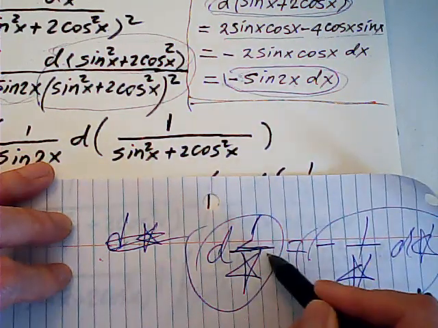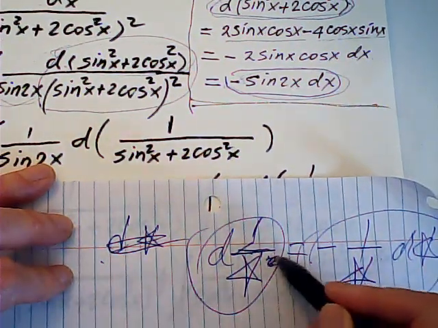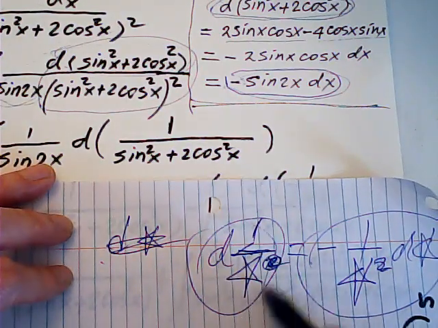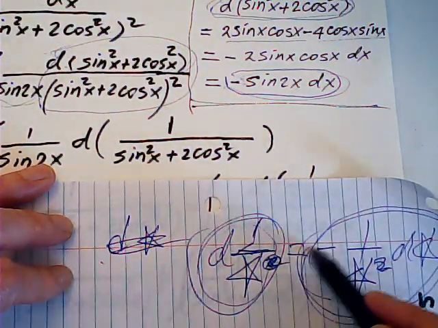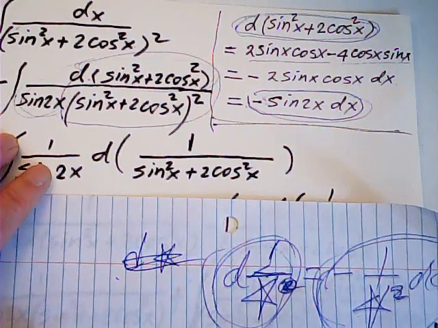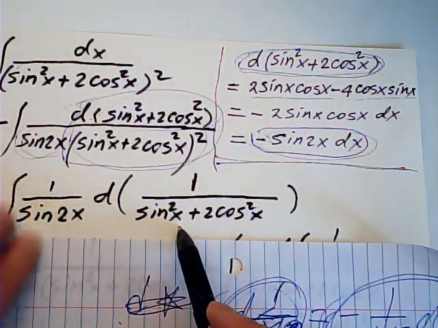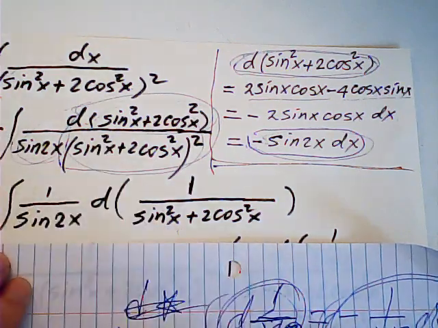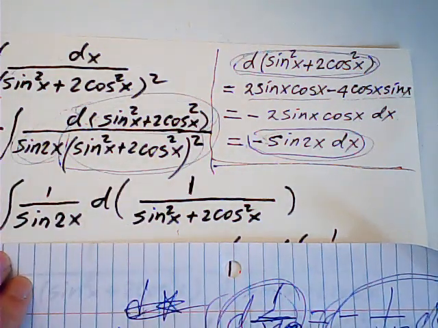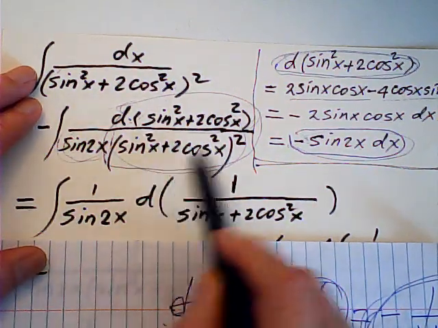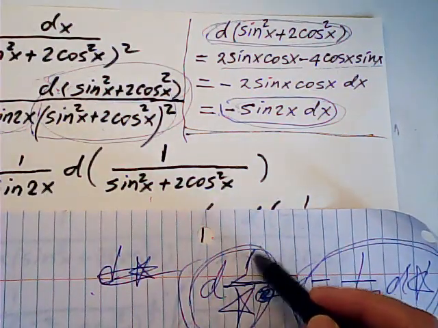This is square. Square here. This is this, right? So this is this, negative. Cancel negative, become positive. Okay, d star over star square.